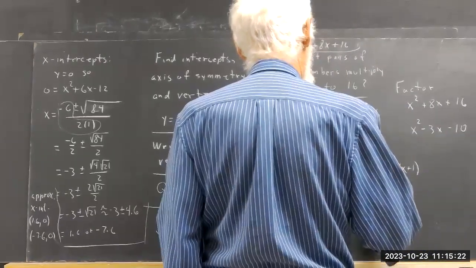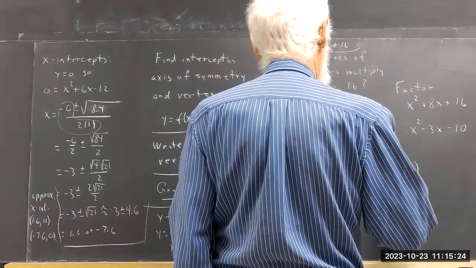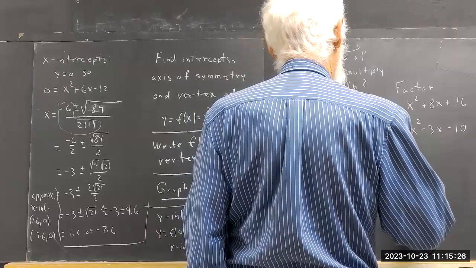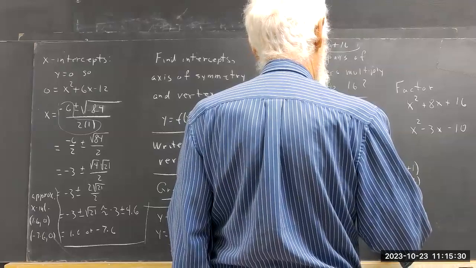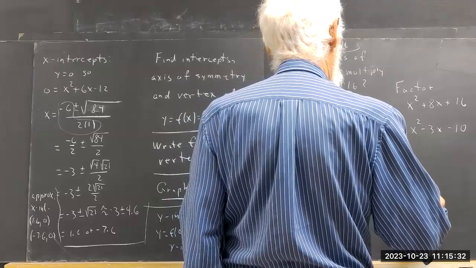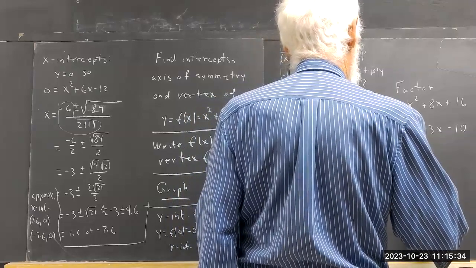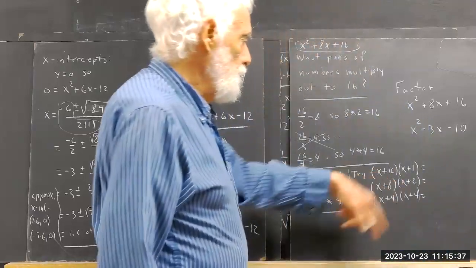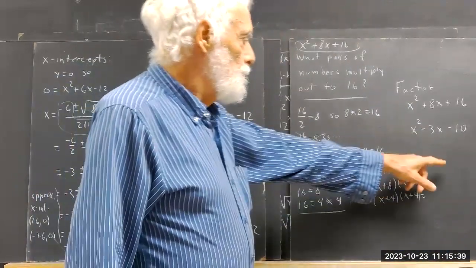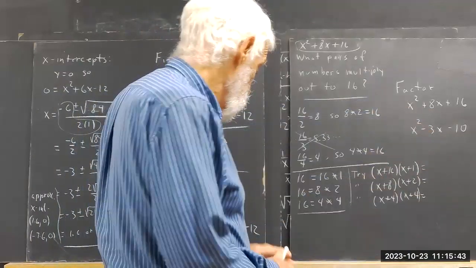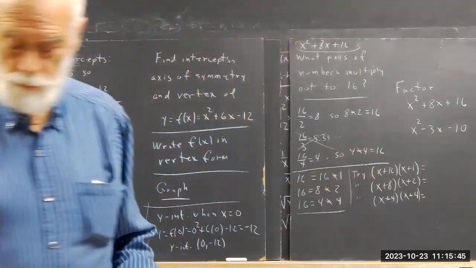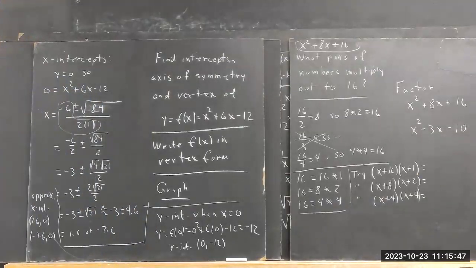And then we're going to try x plus 8 times x plus 2. And then we're going to try x plus 4 times x plus 4. And we're going to multiply each of these up and see what each one equals and see if one of them happens to equal this. So go ahead and multiply those out.